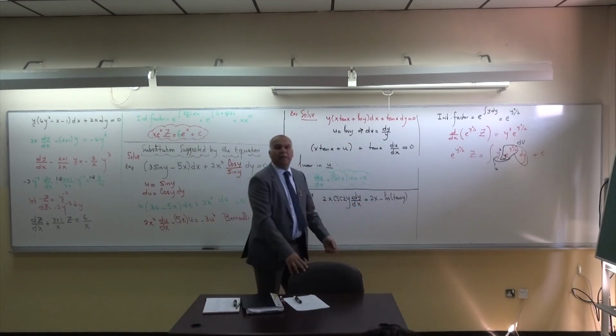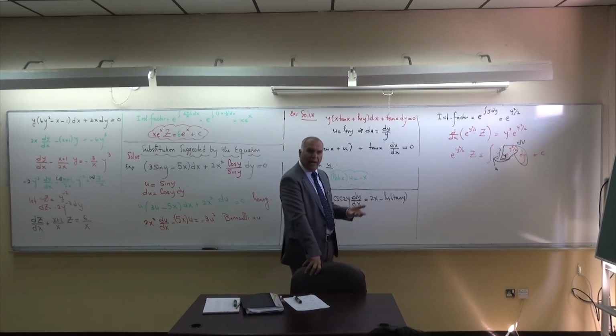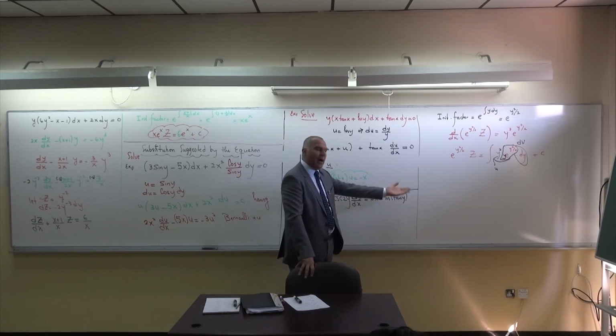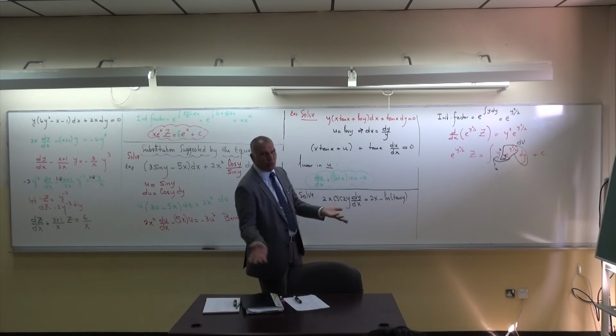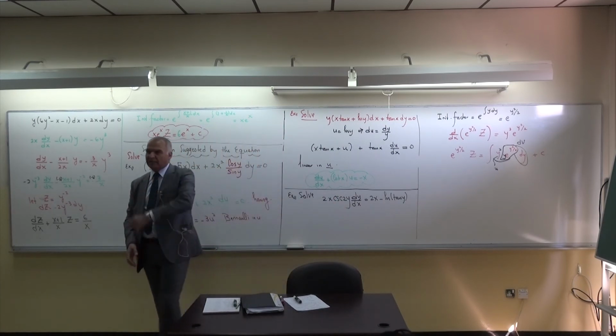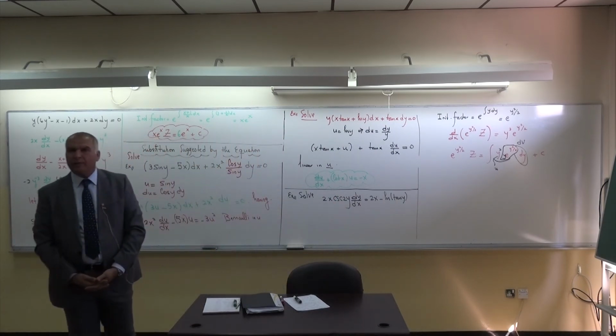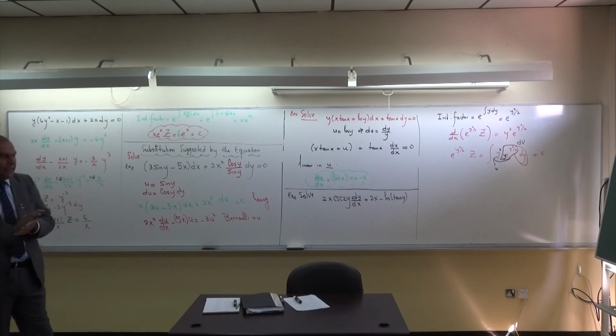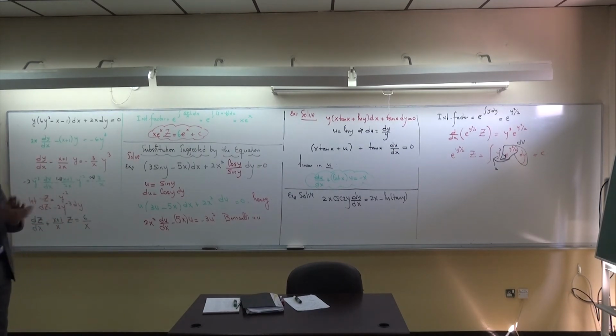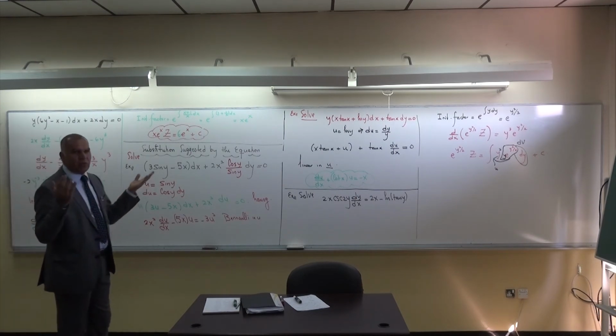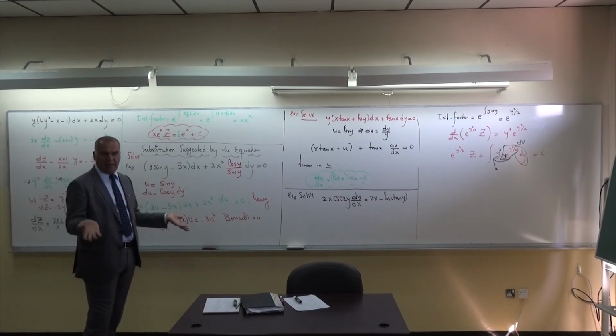It's not homogeneous. Why? Because it has ln tan y, which has a cosecant 2y. So it's not a homogeneous differential equation. It's clearly not linear, neither in x nor in y. It's not linear in y because the exercise has a cosecant and ln tan y.